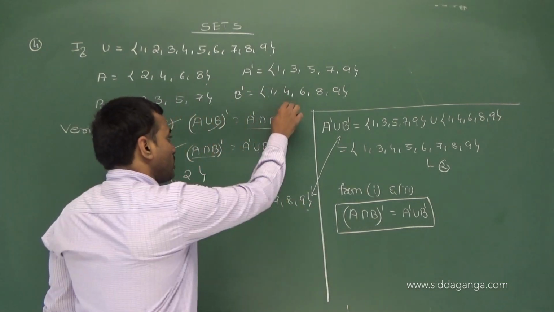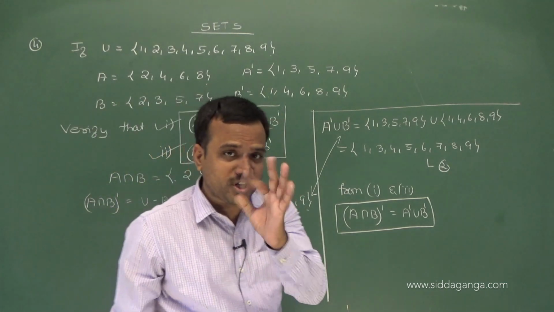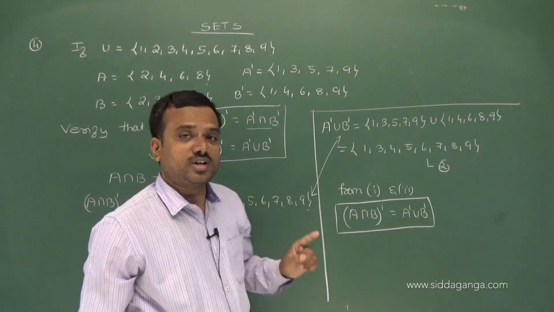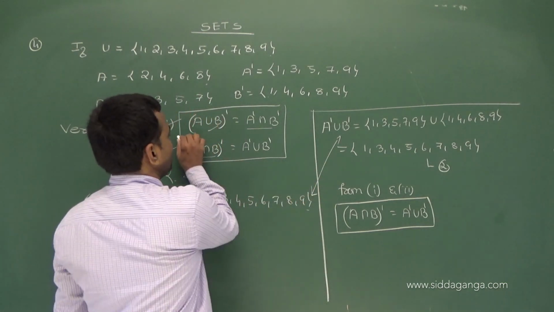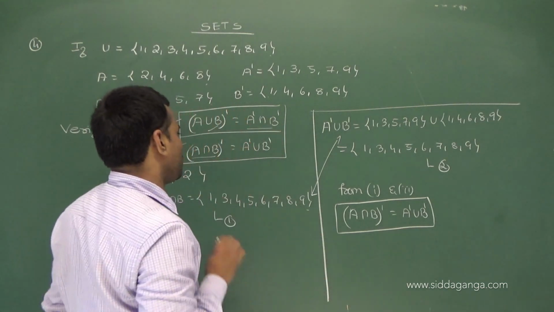So these two are properties of a complement set. A particular name is there: De Morgan's law. We will see it later. When we discuss the properties, we will write once again.